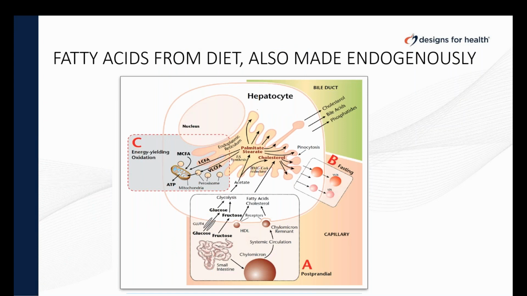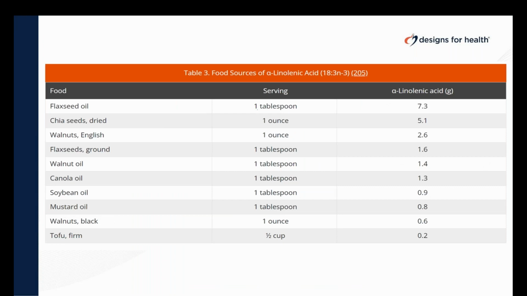So we get the fatty acids from diet, but we also make them, and that is an important thing to consider. Because we call them essential fatty acids, most people just assume that they're all from the diet, but they're not really. The diet you can control easily, but the problem with the patients that we usually treat is that the conversions aren't working well.